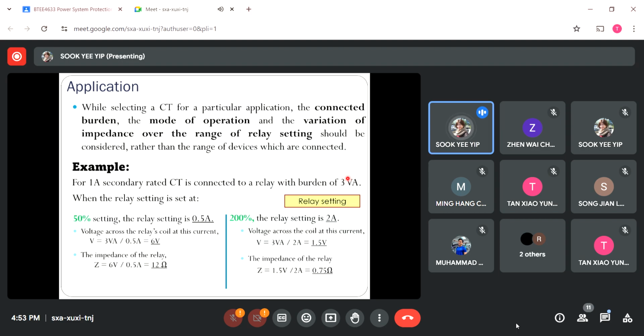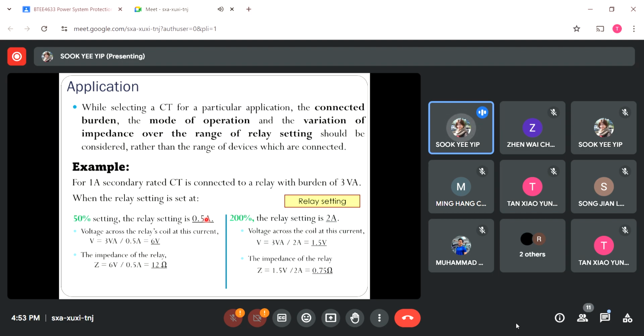What happens if this relay, let's say an overcurrent relay, has been tuned to pick up at 50% of the setting? The 50% setting is based on the secondary current, so 50% of 1 amp gives us a value of 0.5 amp.